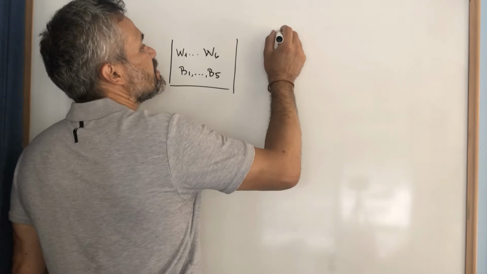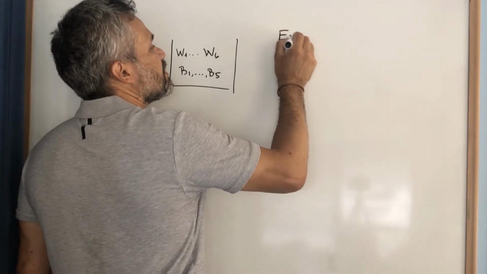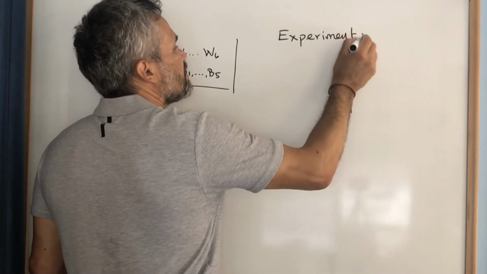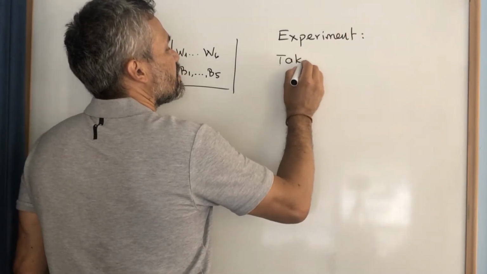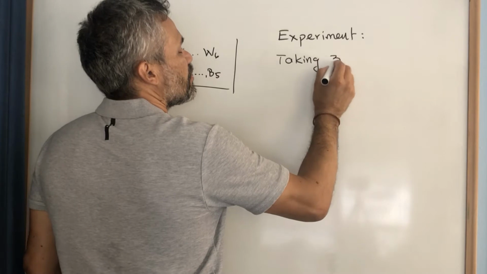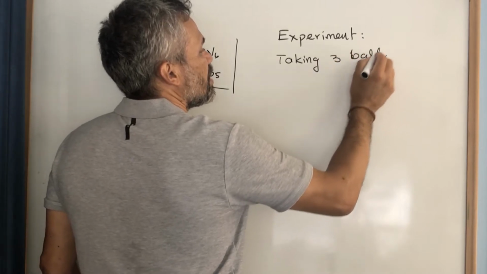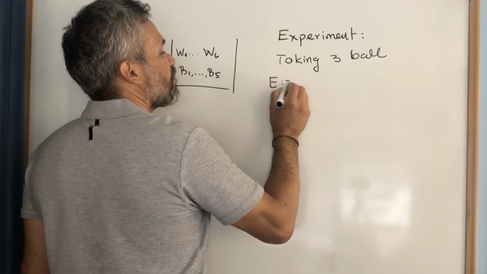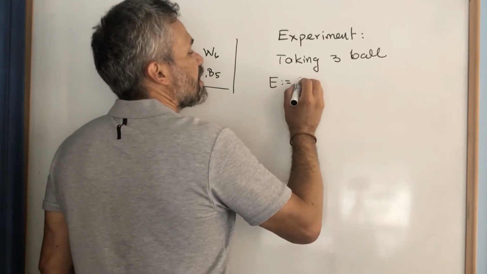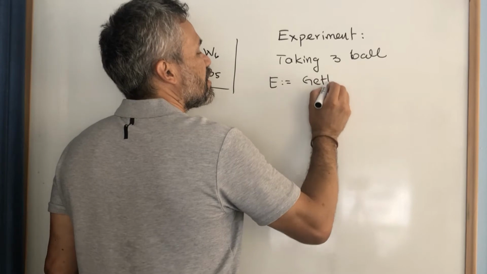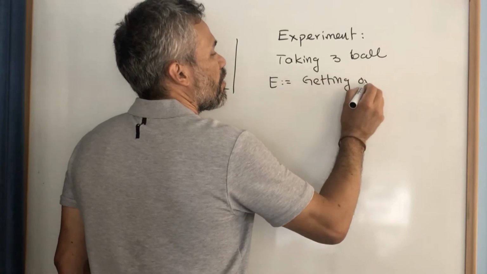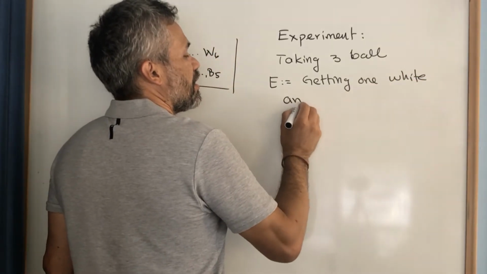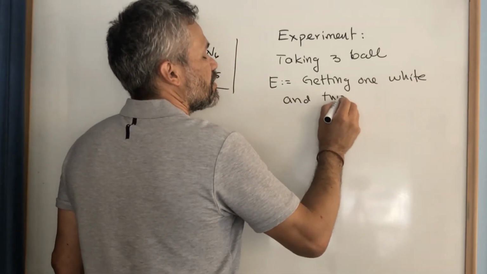Then in this case, the experiment is taking 3 balls, and the event that we want to compute the probability of is getting 1 white and 2 black.